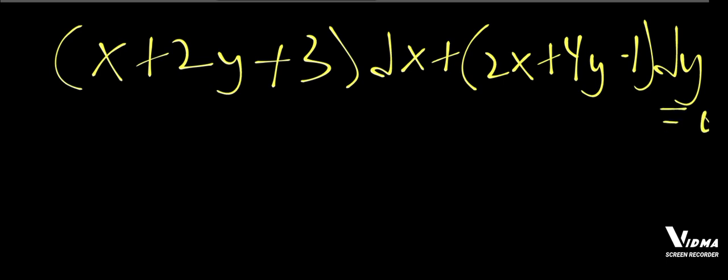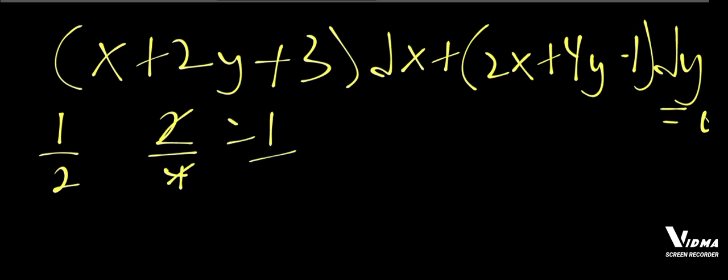So let's check and see. Our a1 is 1, our a2 is 2, our b1 is 2, and our b2 is 4, which also simplifies to 1 and 2. So it means they are equal.